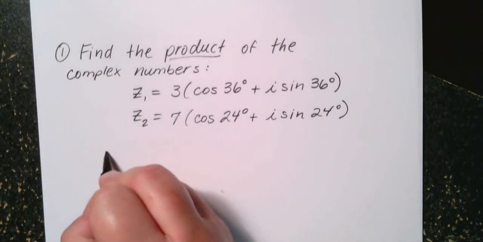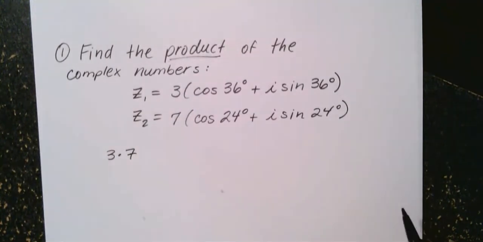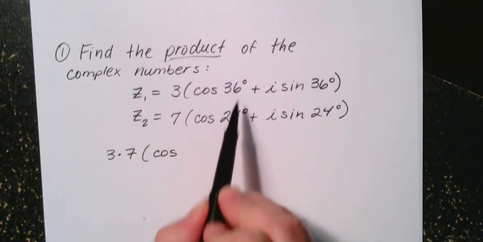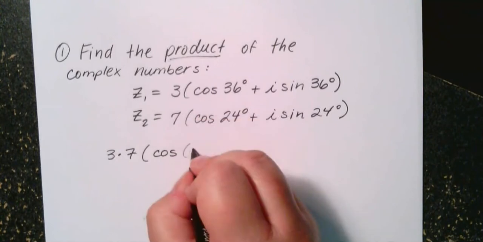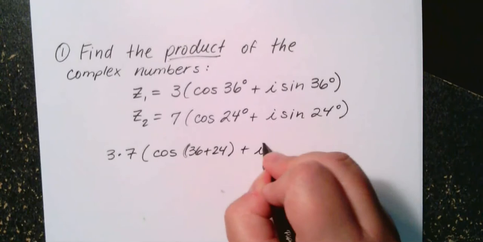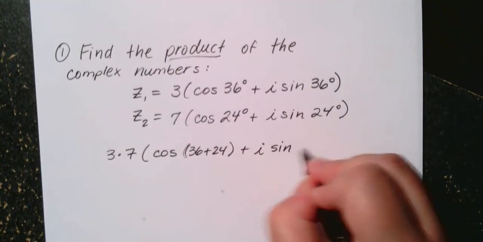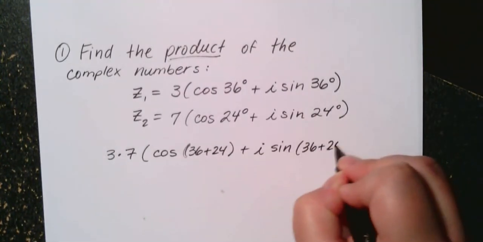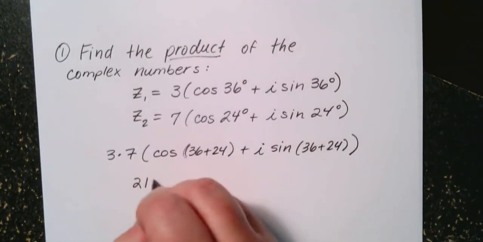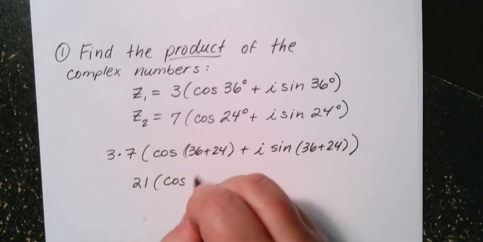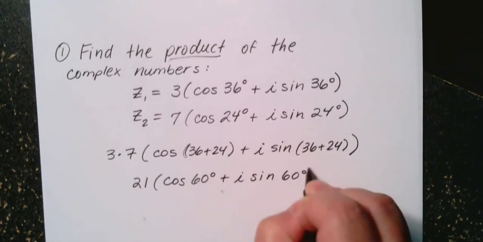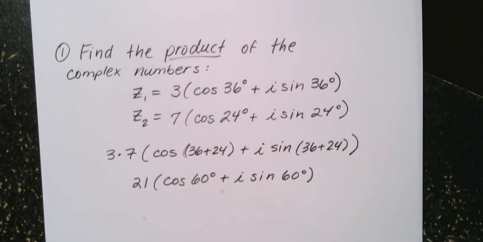I'm going to do 3 times 7 out front, and then times cosine of 36 plus 24, plus i, and the same thing for sine, 36 plus 24. Then I'll simplify, and that gives me 21 times the cosine of 60 plus i times the sine of 60. And that's honestly all there is to it.